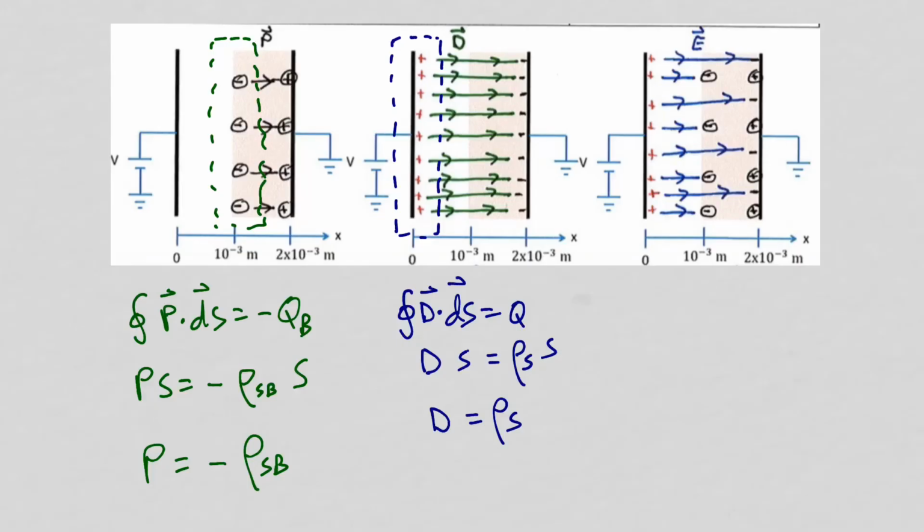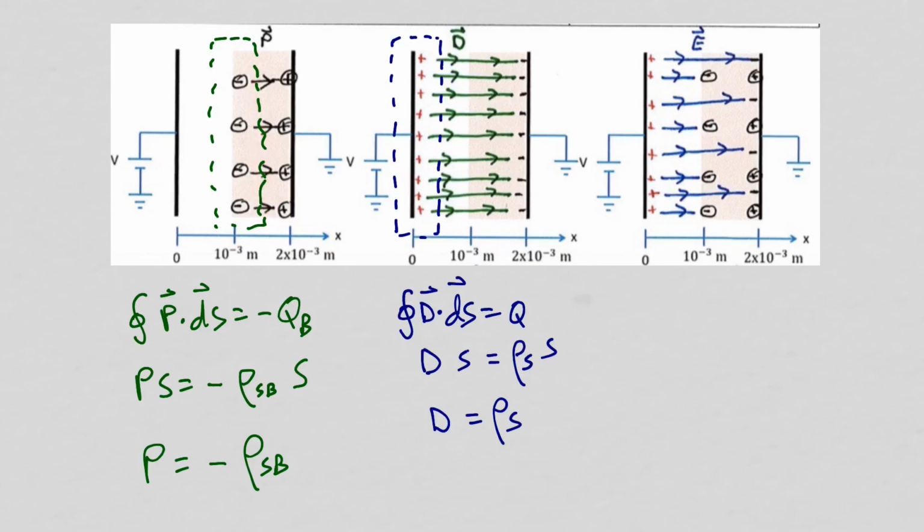To find the polarization, we put a Gaussian surface around the left side of the dielectric. So the bound charge enclosed will be the bound surface charge density on the left side of the dielectric times the surface area, and the integral of P dot dS will just be the surface area times the polarization going through the right face.